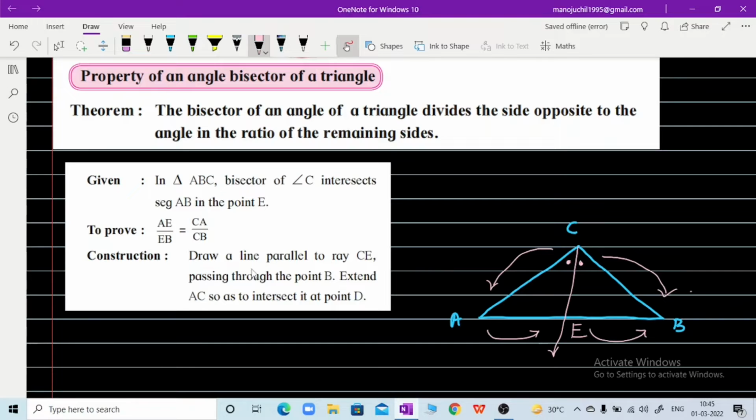We are supposed to draw a construction, a line parallel to CE. If I am supposed to draw a line parallel to this CE, can we draw a line passing through point B and extend AC such that it intersects at point D? That means the line should be like this.